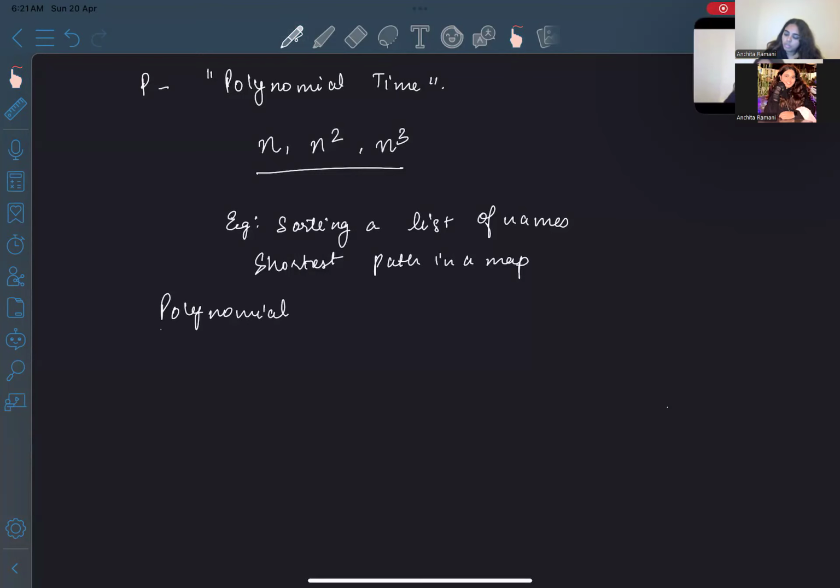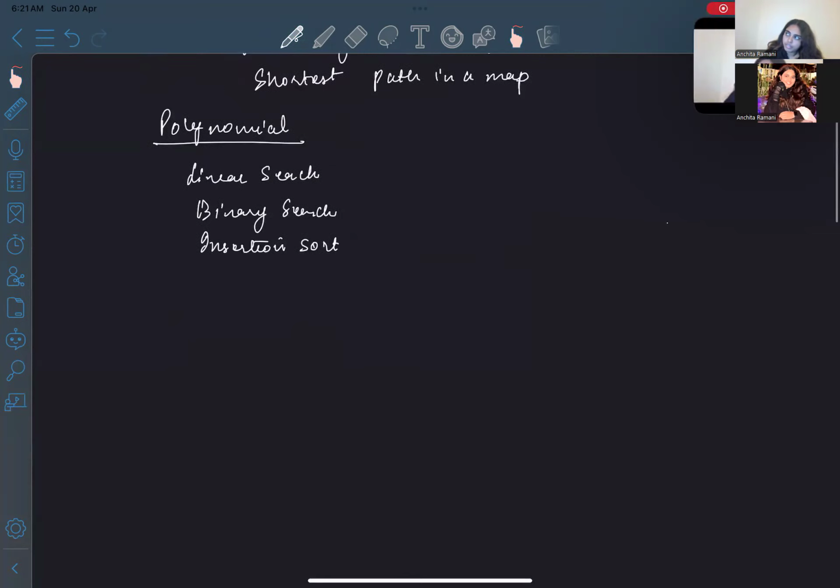In polynomial time, we have seen linear search, binary search, then insertion sort, merge sort, matrix multiplication. These are all polynomial time algorithms.